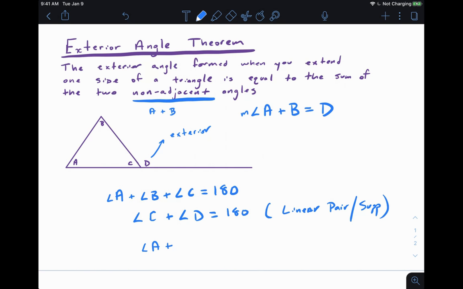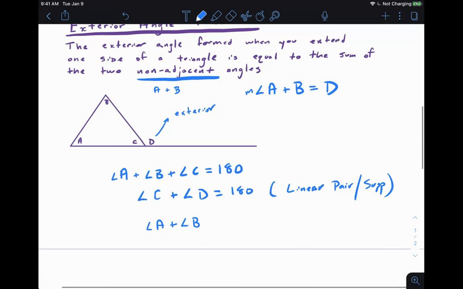You know what? Let's move it to the other side. Almost like treat it like a variable. But you're going to see very quickly what we're getting at. So what I did was subtract C from both sides in both equations.